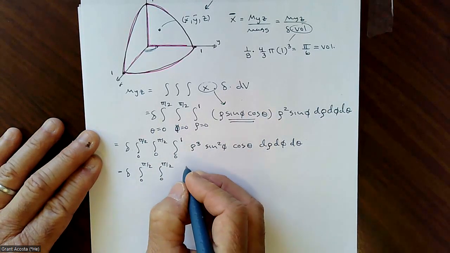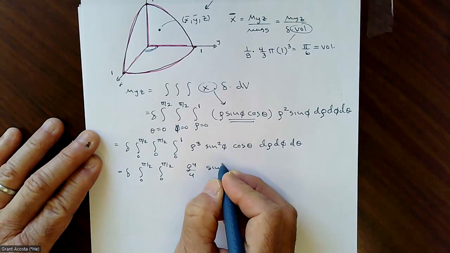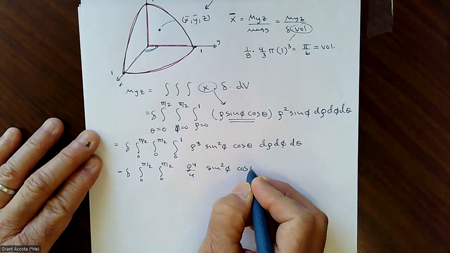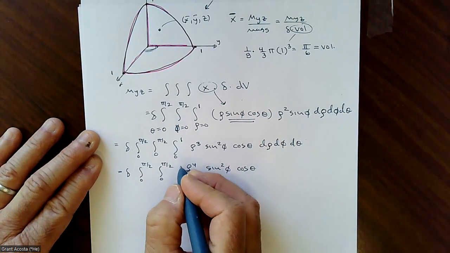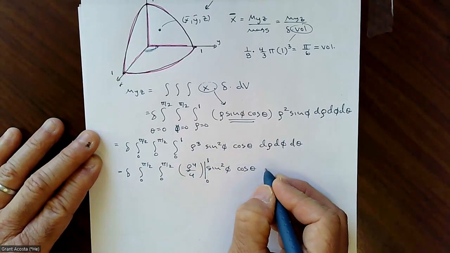So my first integration, these are constant, so it's just going to be rho to the fourth over 4. I'll just leave these here, sine squared phi cosine theta. This is going to get evaluated from 1 to 0.